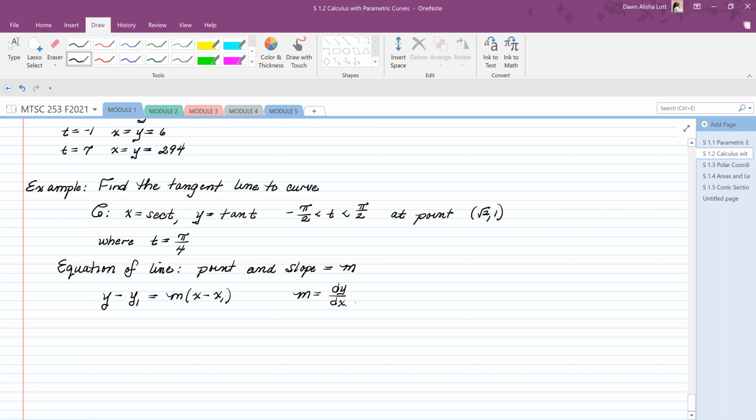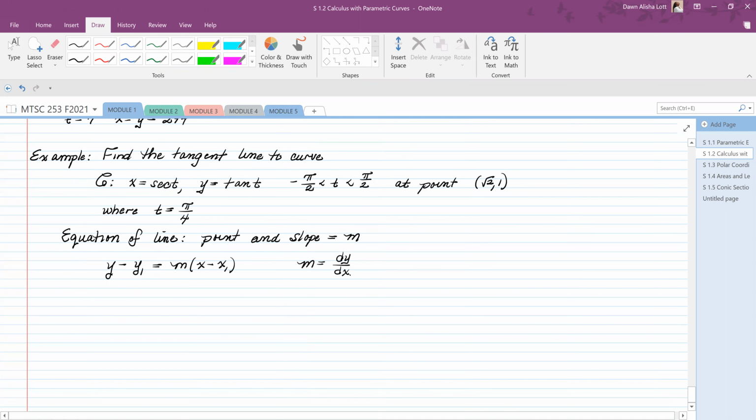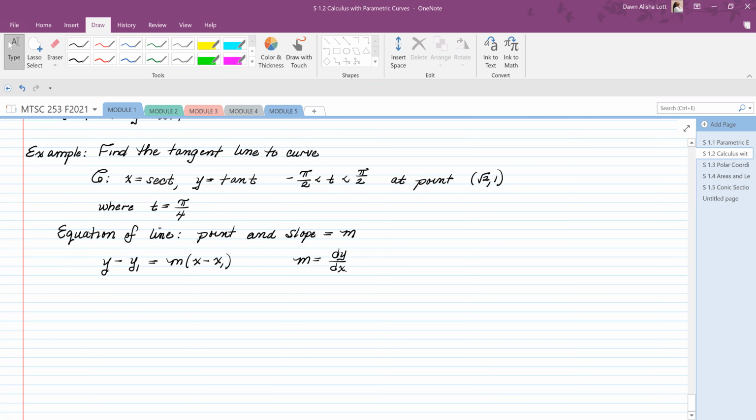So we need to find dy/dx. How do we find dy/dx? Find dy/dt divided by dx/dt. So what's dy/dt? What's the derivative of tangent of t?